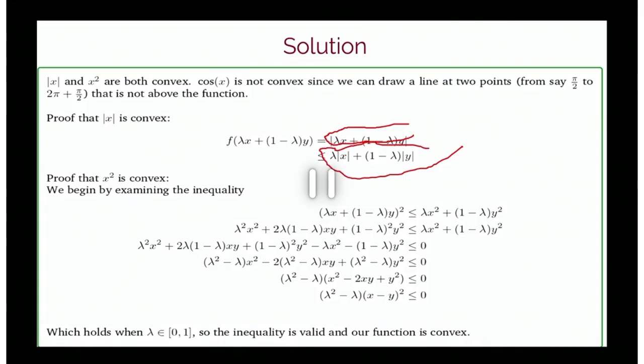I'm bringing the lambda out and 1 minus lambda out, because lambda is a probability, it's a weight. It doesn't need absolute value, because it's already positive. The probability is positive. So with this, I'm actually going to say that the absolute value function is convex.